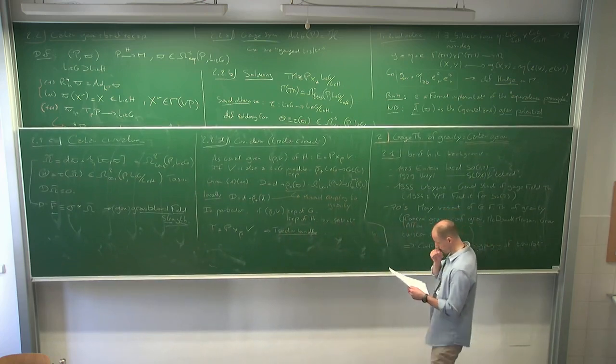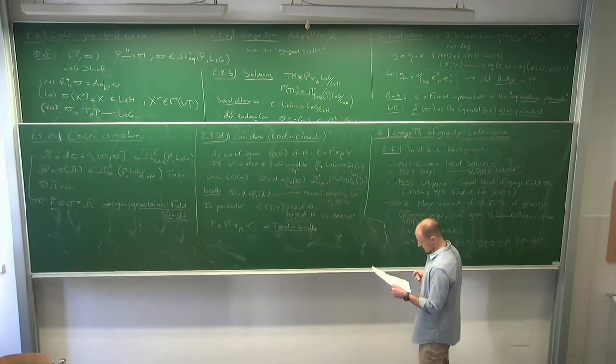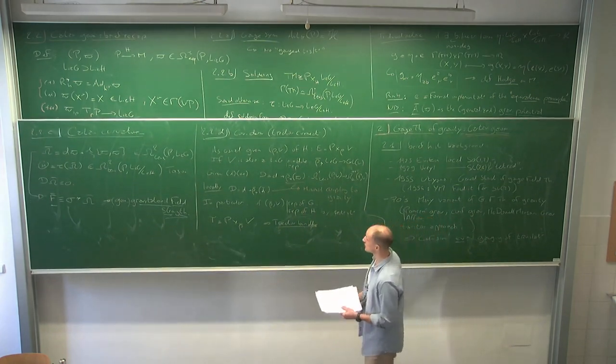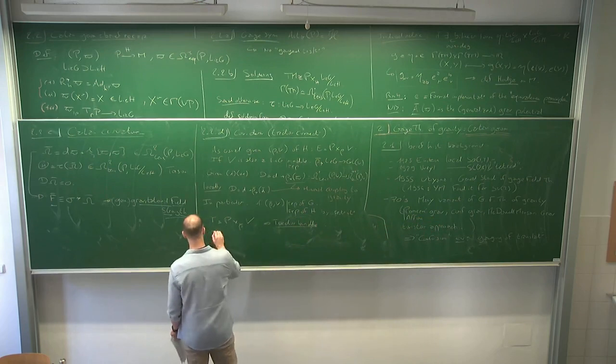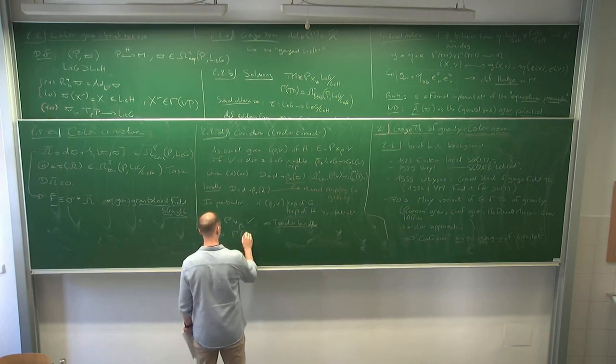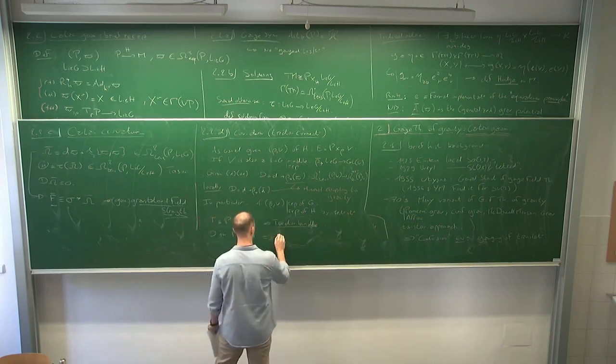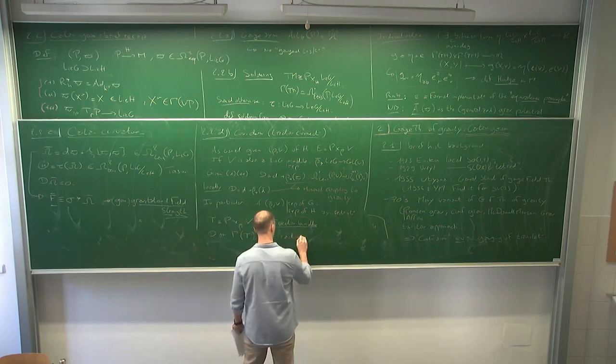And then the restriction, and so D on the tractor bundle is the tractor connection.